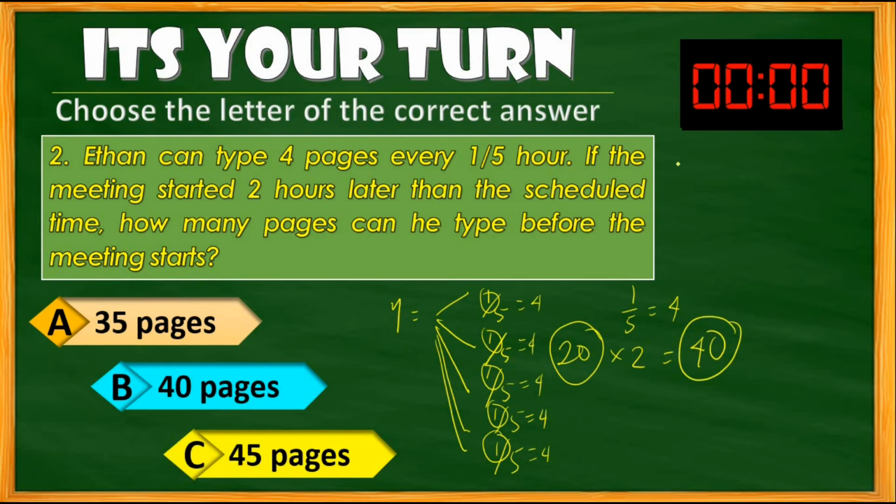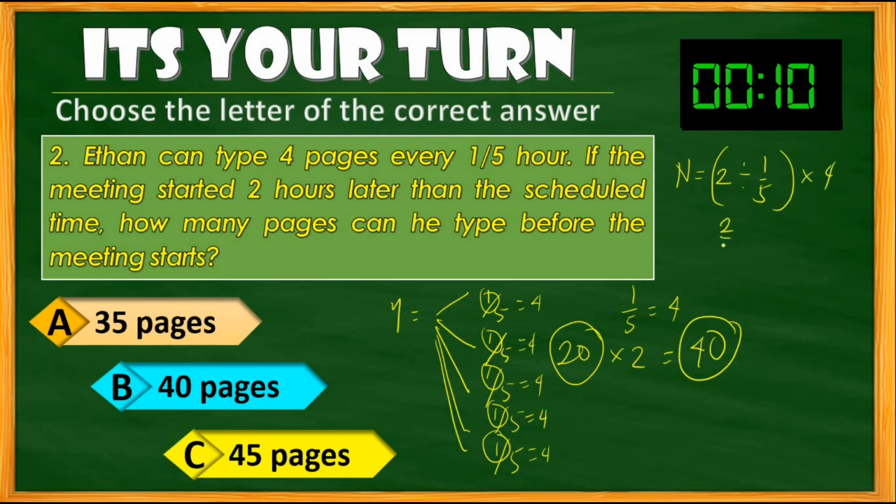So using the number sentence, let's solve this one. So the number sentence n is equal to what? 2 divided by 1/5, close parenthesis, multiplied by 4.